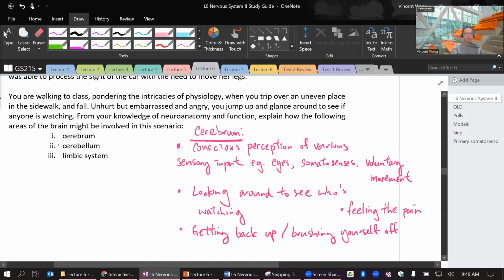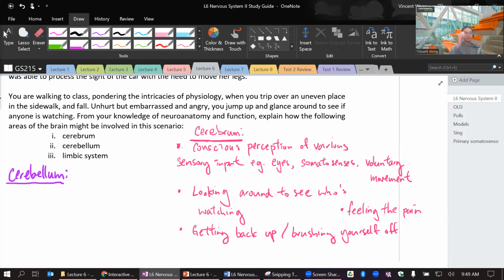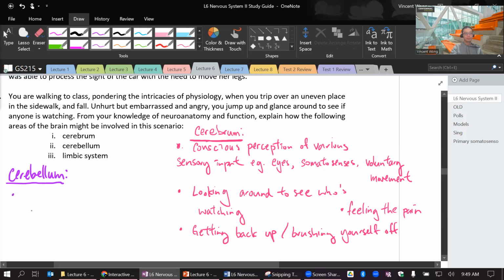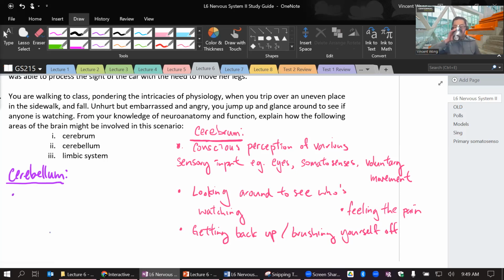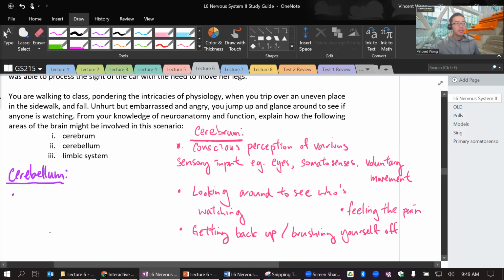What about the cerebellum? Do you guys want to help me out here with the cerebellum? Should be pretty straightforward. Getting back the balance.